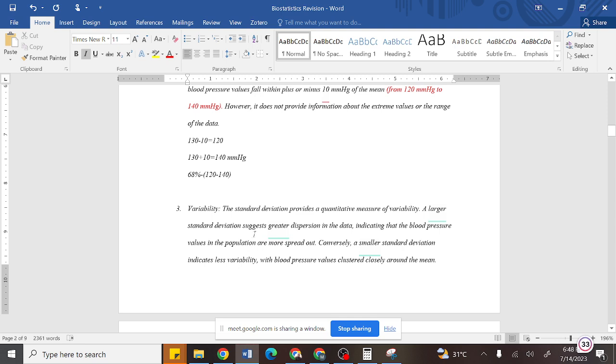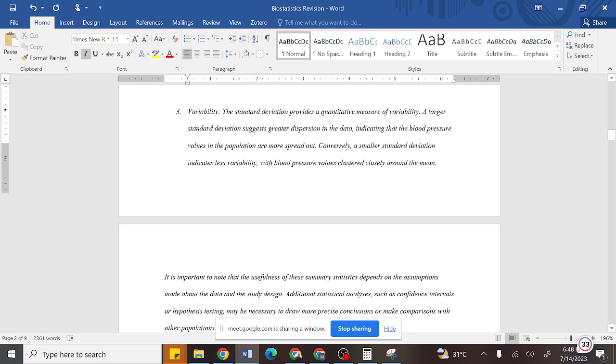In relation to the mean, if you have a greater standard deviation, it means that the data varies greatly. It means that the data is not similar. People are not having similar blood pressures if you took them.